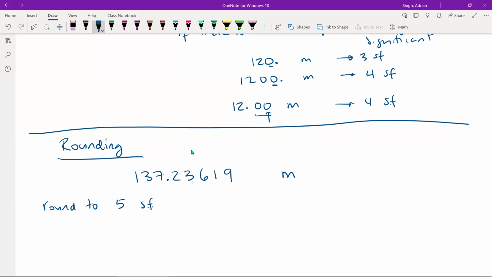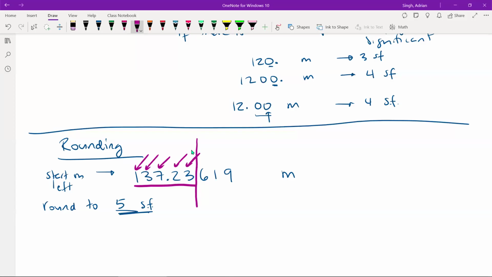The way that we do this is that we start on the left side and work our way across until we get to 5 sig figs. Obviously the 1 here is significant. That's my first, second, third, fourth, and this is my 5th sig fig. So I can draw a line under these first 5 significant figures, or right after the 5th one.